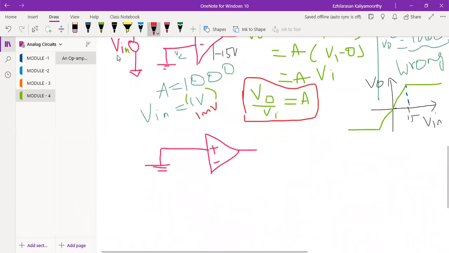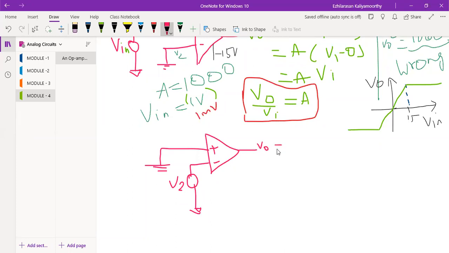Next, I will give the input in the inverting terminal. For this, make the non-inverting terminal shorted, that is grounded, and give the input at the inverting terminal. This is V2, and this is your V naught.